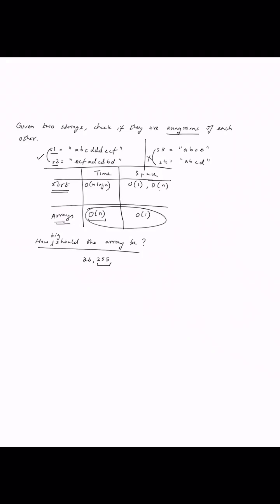So here's a simple algorithm, returning true or false. I'll define a function called anagrams. It takes in two inputs, string S1 and string S2.